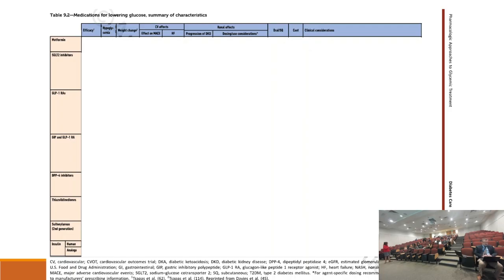Does it have very positive effects on ASCVD? Not really. It doesn't really reduce your risk of heart attack. Does it reduce risk of kidney disease? No, it doesn't. It doesn't cause kidney disease, but it doesn't reduce the risk of it either. And in fact, it's contraindicated under what GFR? 30.